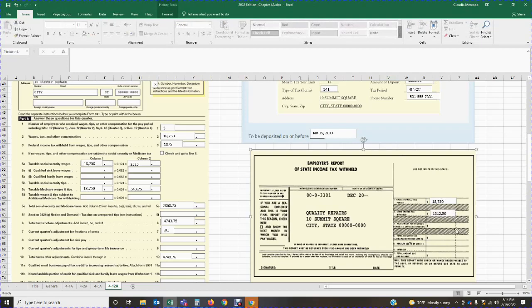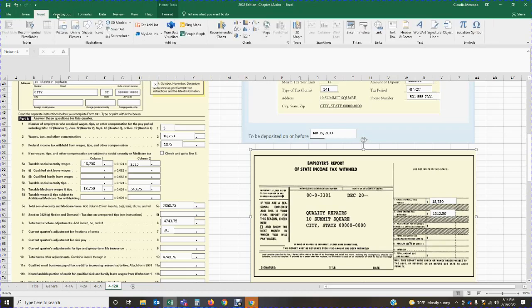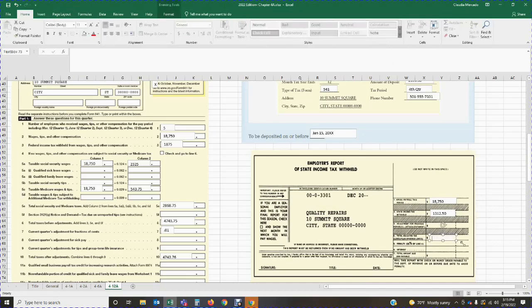Box number 3, adjustments for previous periods. We don't have any adjustments, so that will be left blank or 0 depending on the instructions. Line number 4, total adjusted tax, line 2 plus or minus line 3. We don't have anything in line 3, so we're just going to bring down our balance from line number 2. Do we have any penalties?